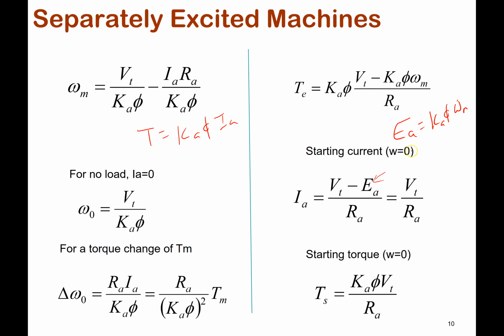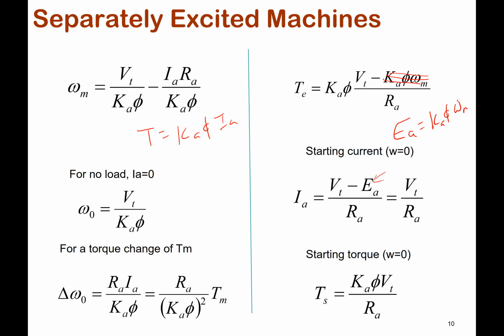So if omega is 0 when it's starting, then Ea is going to be 0 and Ia will simply be Vt on Ra. That is the starting current. And given that starting current, we could substitute it directly into here, and we'll get the torque, if this goes to 0, as KaphiVt on Ra.